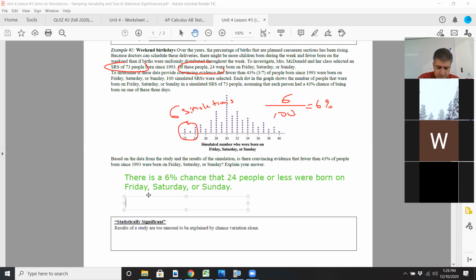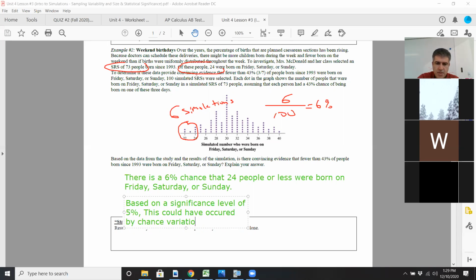But based on a significance level of 5%, this could have occurred by chance variation. Thus, the results are not statistically significant.